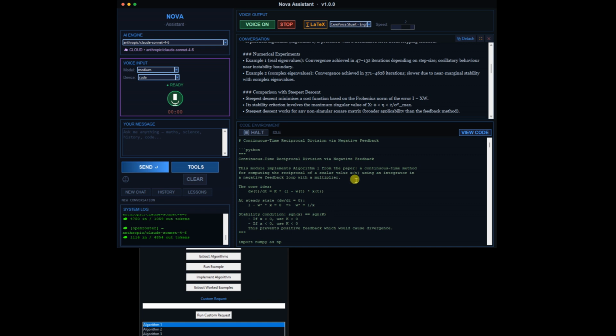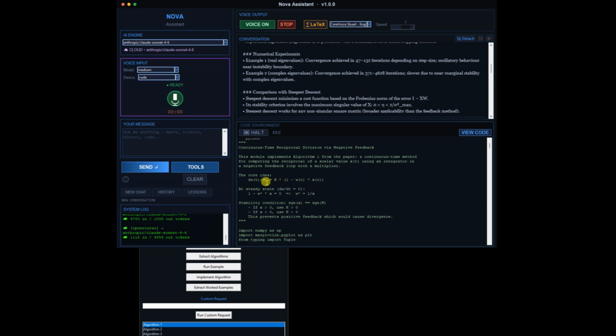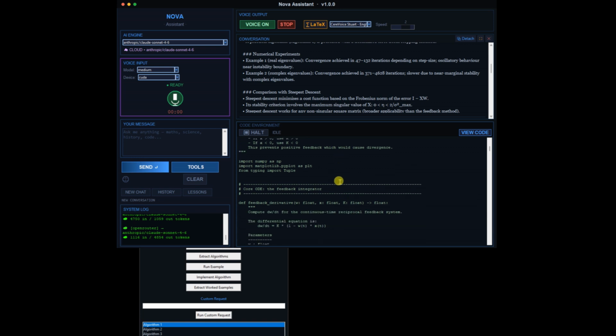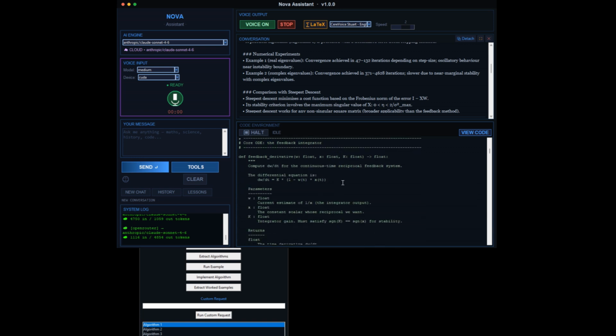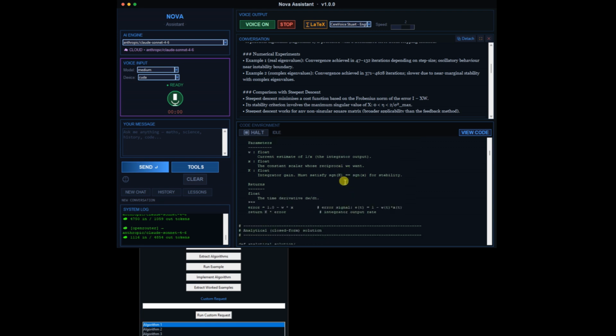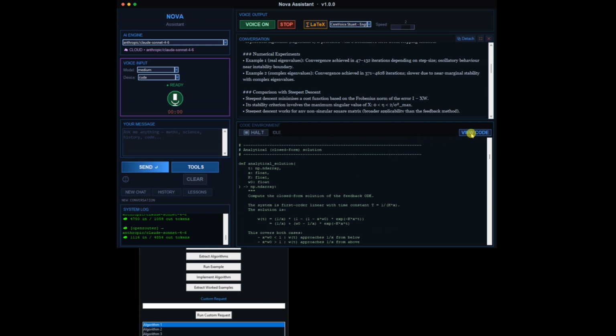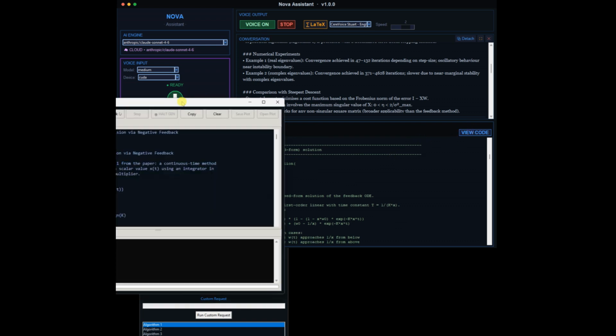So here's the code here. It's just simulating. It's a very simple system. First order continuous time system. It's quite interesting. Yeah, so it's basically doing division by using negative feedback. It's all commented, so I'll have to look at the code and see if it runs.